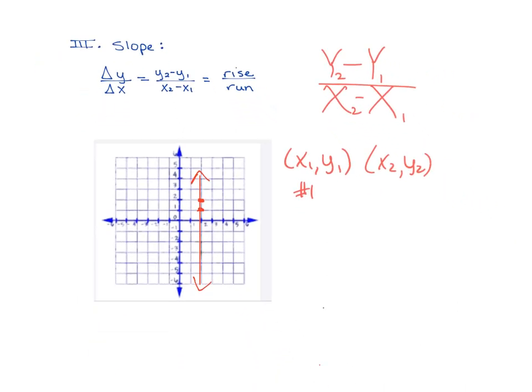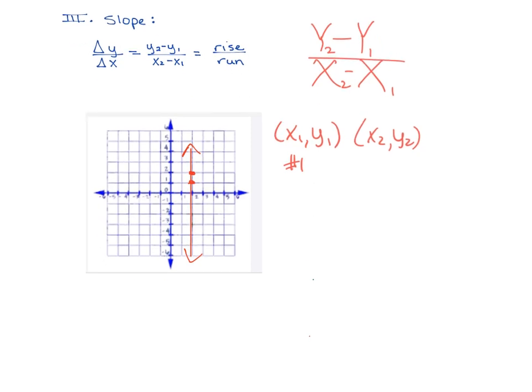Now at the beginning, we saw this vertical line. Now we have to figure out what the slope of this vertical line is. So we can actually do the problem. I can figure out what these two ordered pairs are. So this ordered pair is 2, 1, this one right here, and then this one's 2, 2. So let's do the slope formula.